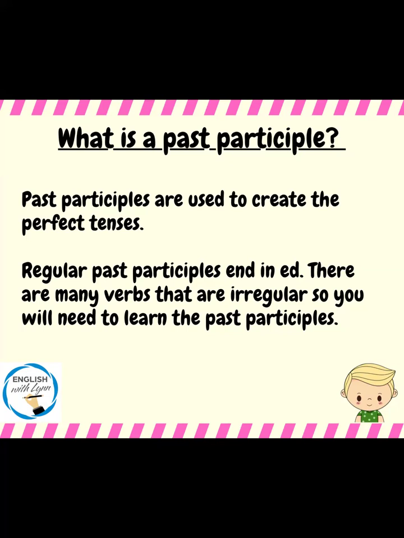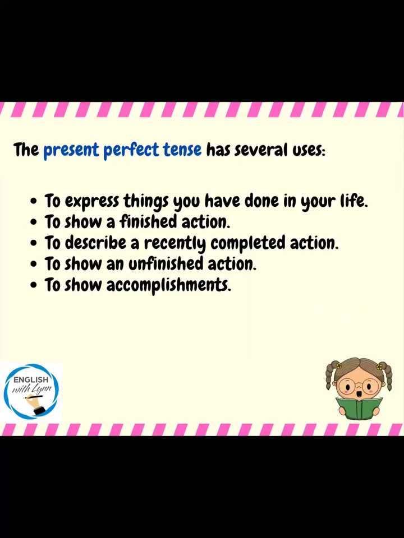So before we look at how we form the present perfect, let's have a look at why it is used. So the present perfect, there are several uses. If you are showing things that you have done within your life, so I have read, and you've read a certain book, it's something that you have done within your life.